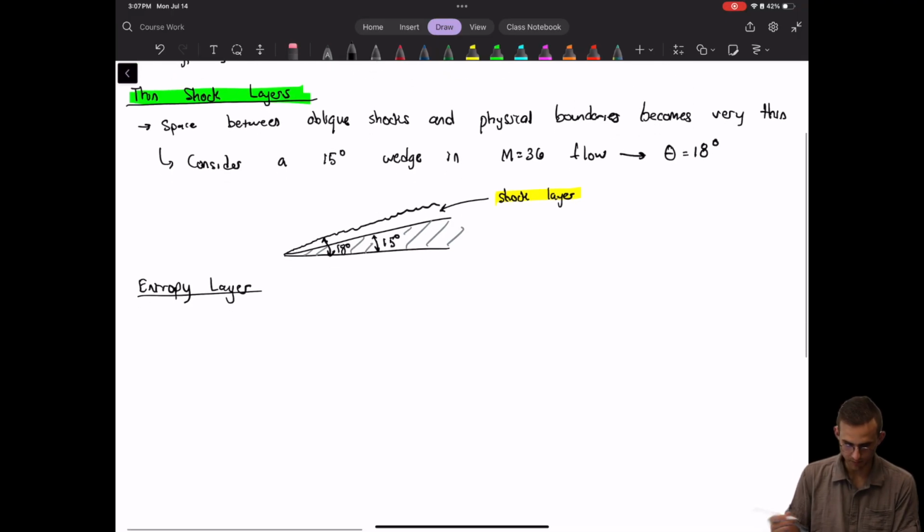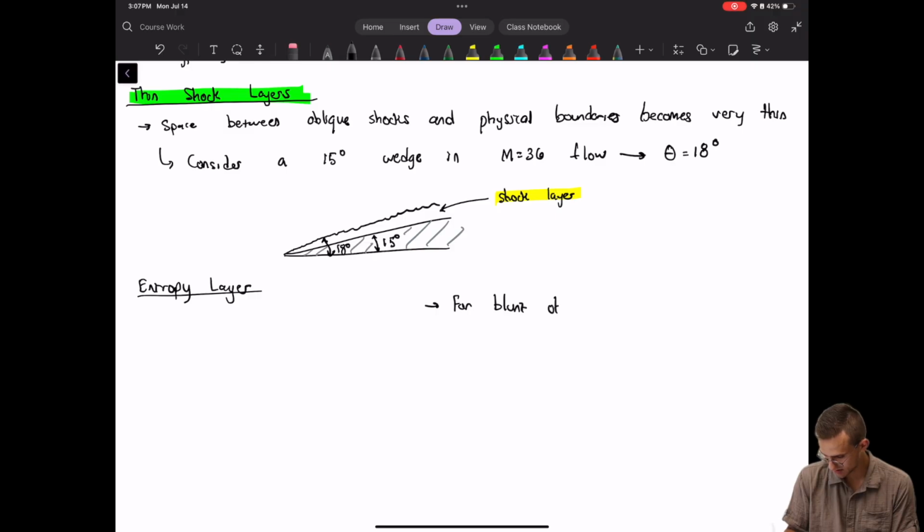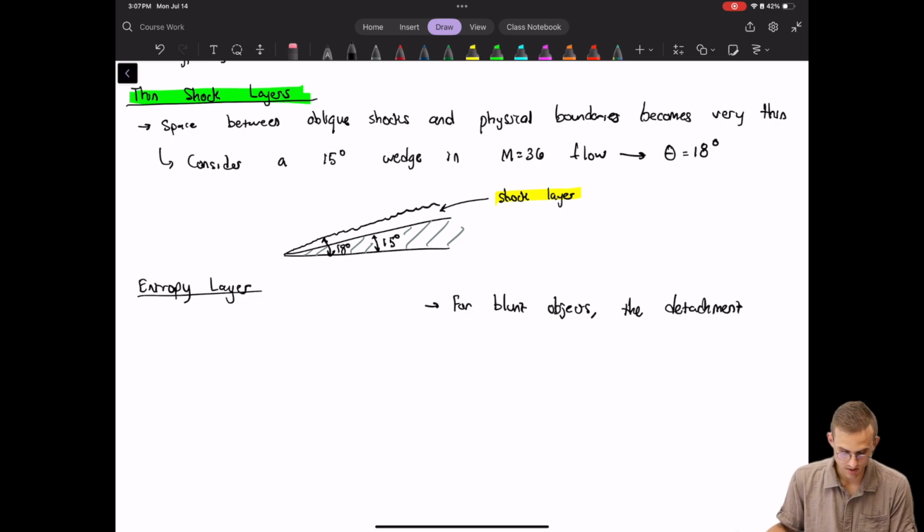For blunt objects, the detachment distance is also very small. Remember, for a blunt object in a supersonic flow, you have a normal shock directly upstream of the object, and the region between the normal shock and the object itself you could consider to be a shock layer.